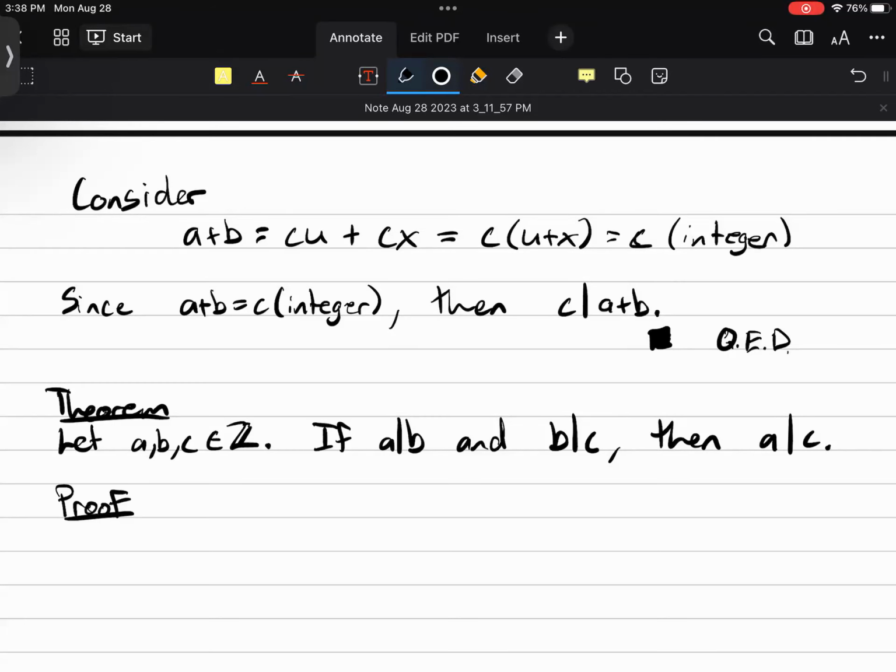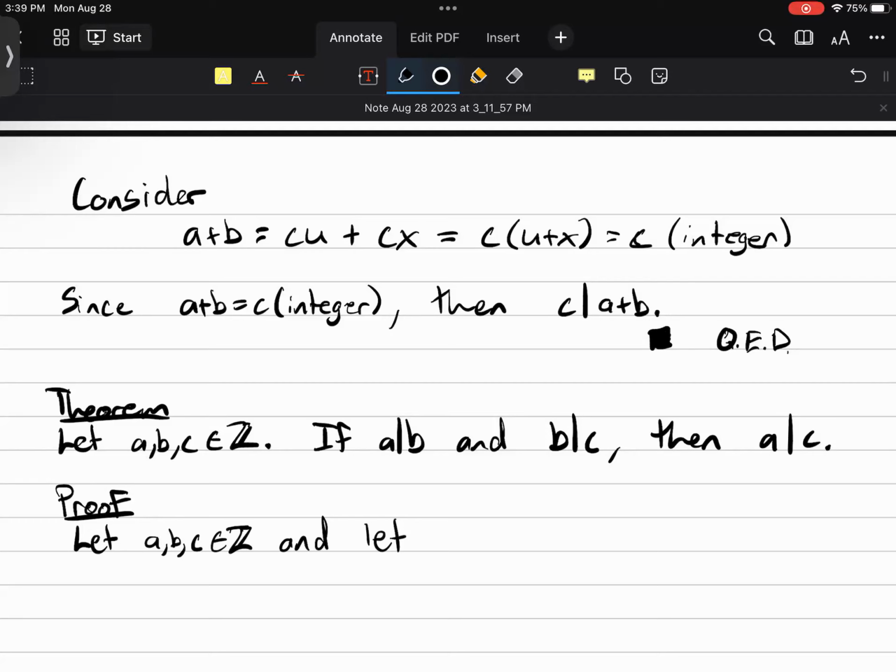First thing I need to do is state what I'm getting to work with. So what am I given as an assumption and what am I given in my hypothesis? So I know we have three integers. And what else do we get from the hypothesis?